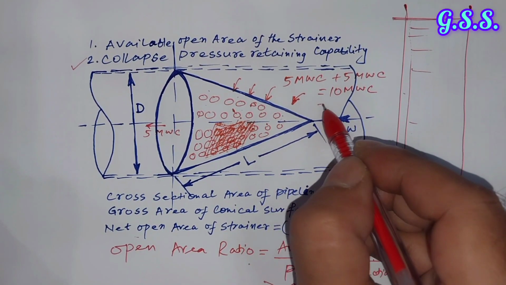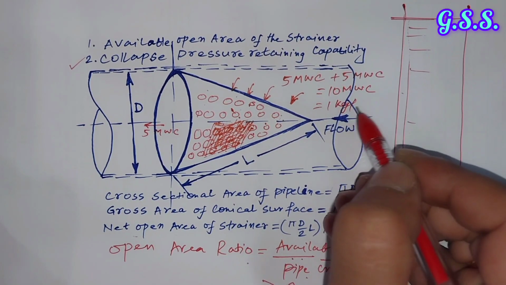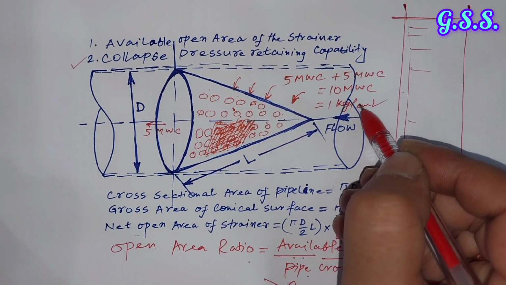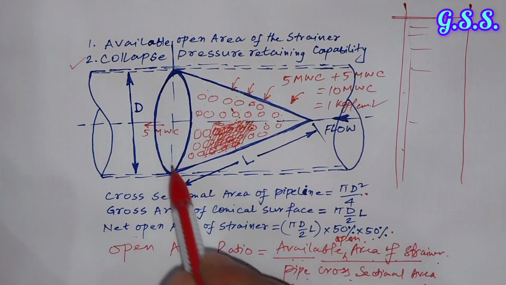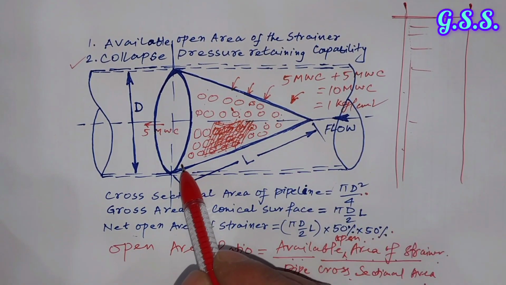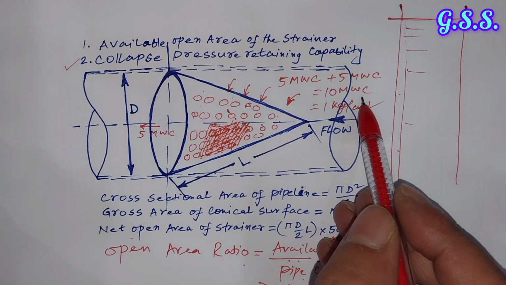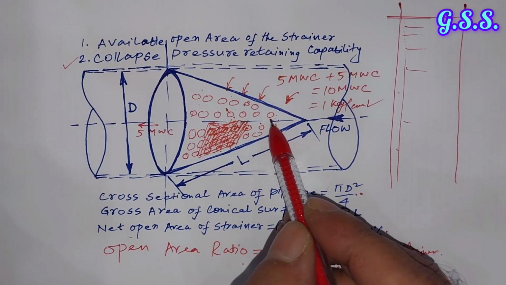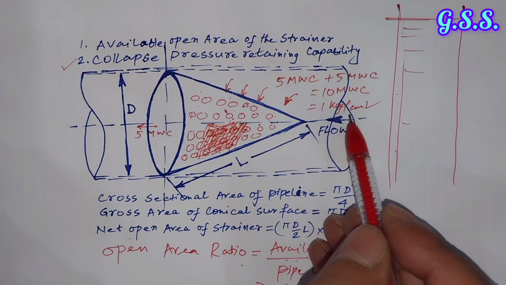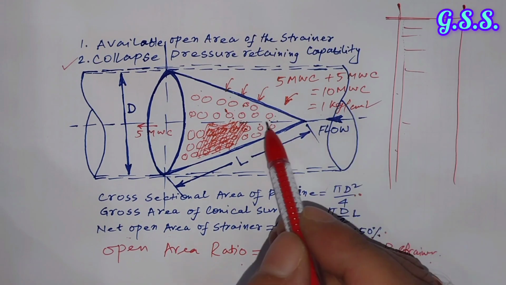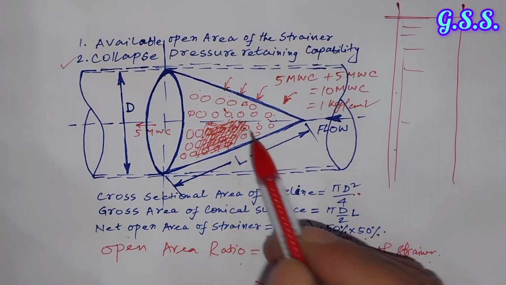That means 1 kg per centimeter square pressure. So strainer should be well capable enough to withstand this 10-meter water column of differential pressure, or 1 kg per centimeter square, or 1 bar of differential pressure.